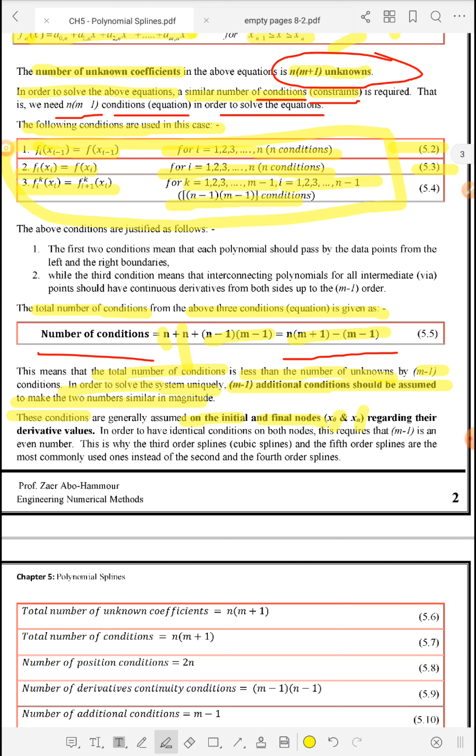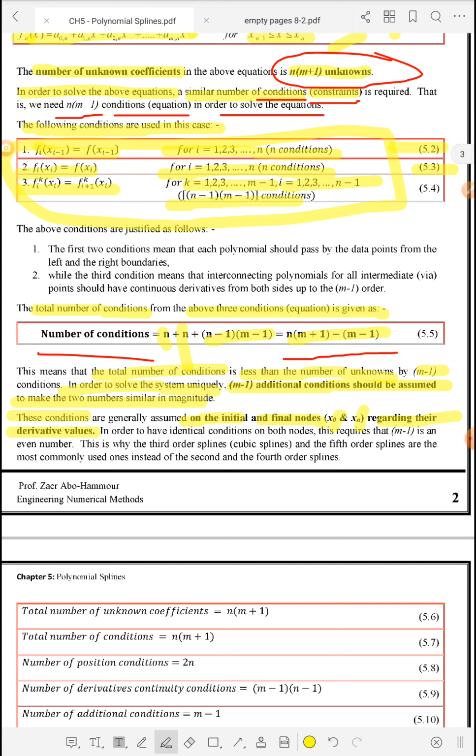x naught and xn, regarding their derivative values. Regarding the first derivative, second derivative, this is generally the first derivative and or the second derivative.